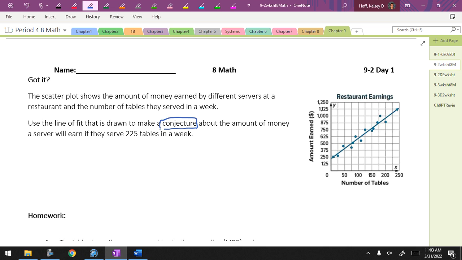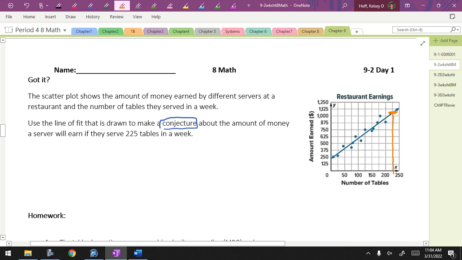This one's not quite as straightforward, agreed? If I take 225, it's right on this line. I take this grid line all the way up. Where it crosses that line is not directly on a grid line. So if you wrote 1,000 or you wrote 1125, I'm counting that wrong. What should you guess?